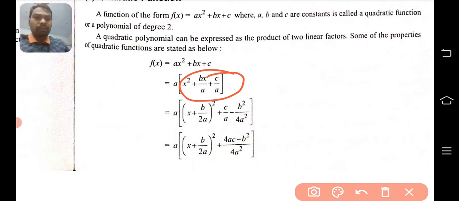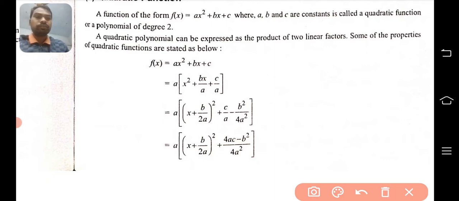Then we can also write it as a[(x + b/2a)² + c/a − b²/4a²]. If you solve this, then we are able to get all these things.